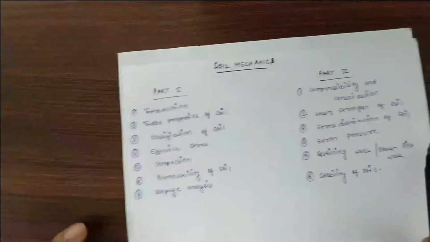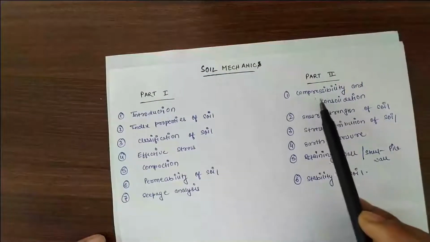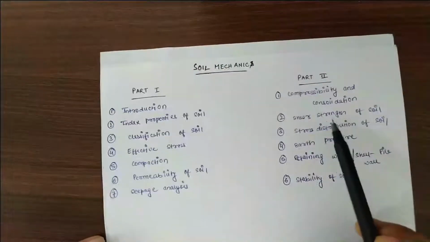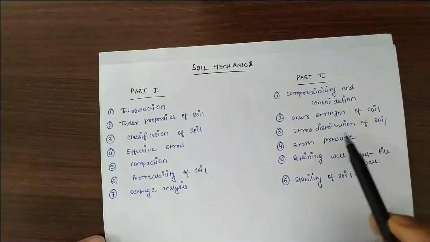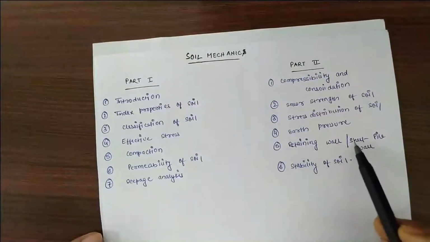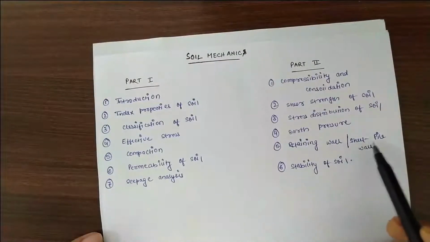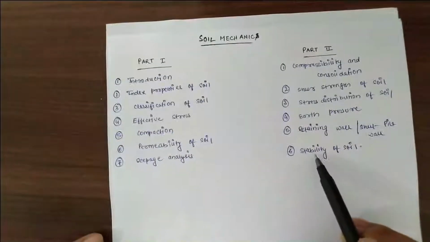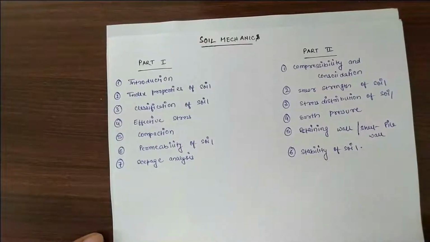And in the second part we are going to deal with compressibility and consolidation, shear strength of soil, stress distribution of soil, earth pressure, retaining wall, or this can be said as sheet pile wall. Sixth is stability of soil.